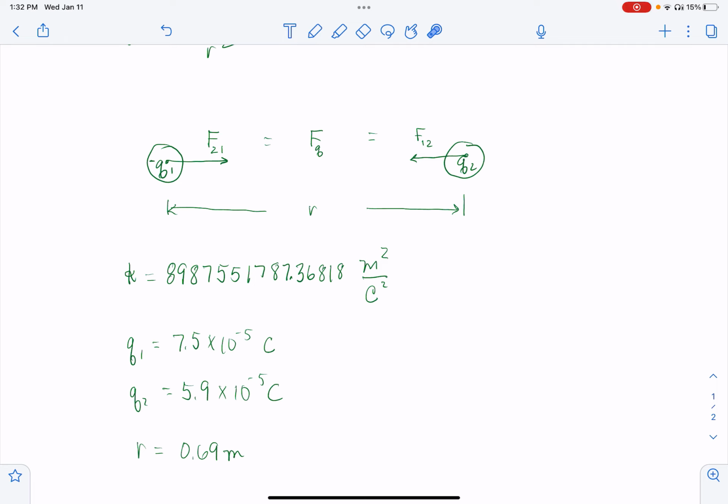And we are going to calculate this force here using this charge and using this charge for Q2.